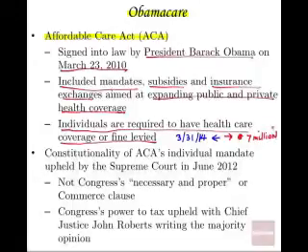But at the same time, there were a lot of failures in terms of rolling it out. There were a lot of issues with the website not working, and as a result, the Department of Health and Human Services, led by Kathleen Sebelius, ended up submitting her resignation.